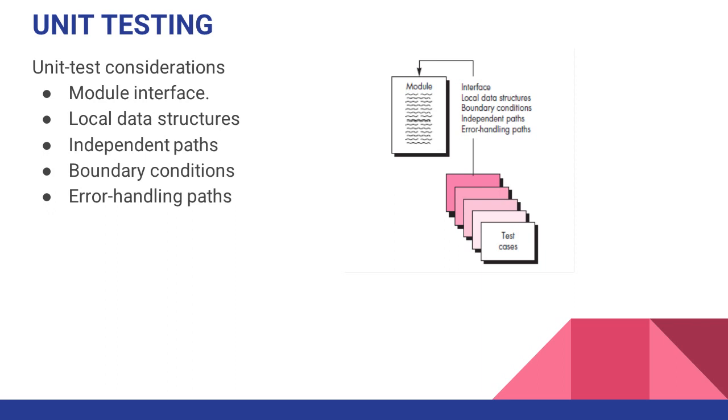All independent paths through the control structures are exercised to ensure that all the statements in a module have been executed at least once. Boundary conditions are tested to ensure that the module operates properly at boundaries established to limit or restrict processing. And finally, all error handling paths are tested.